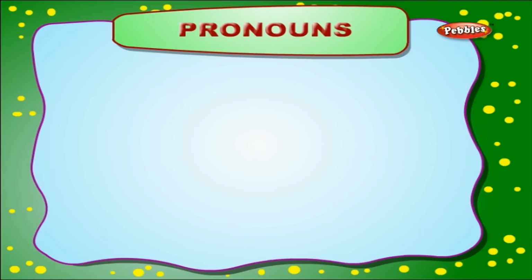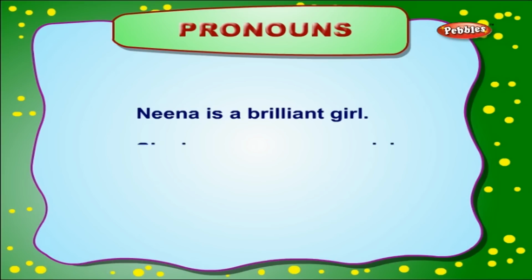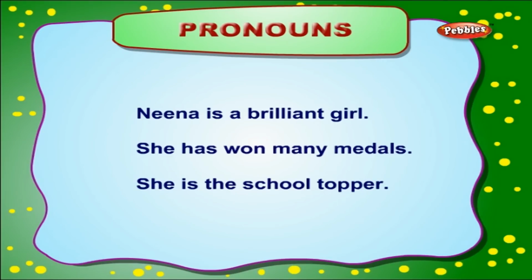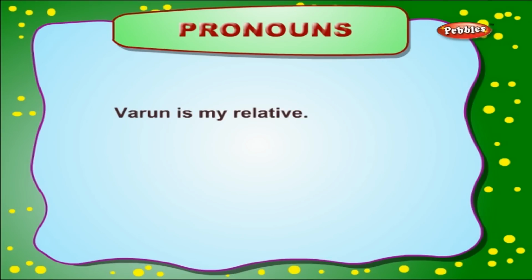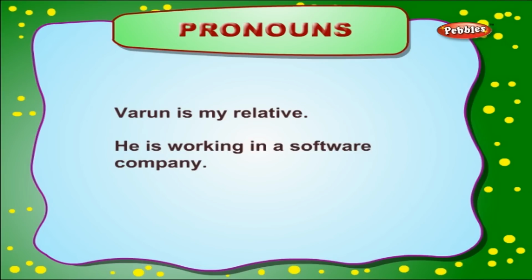Let us now see some examples. Nina is a brilliant girl. She has won many medals. She is the school topper. Varun is my relative. He is working in a software company.